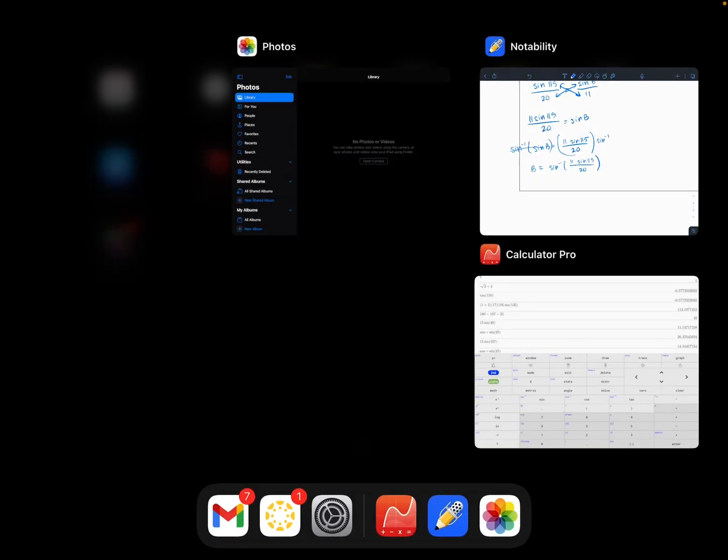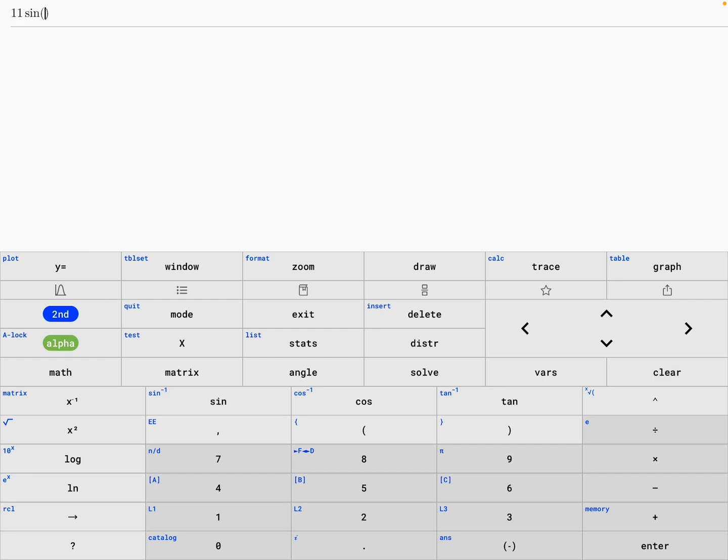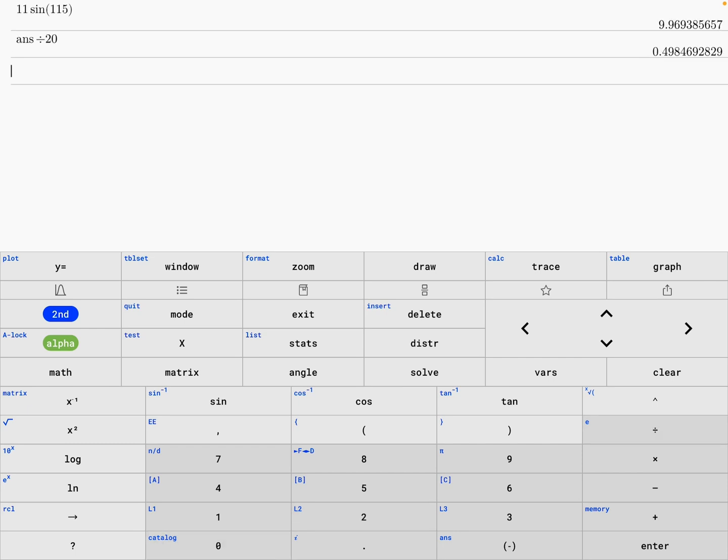Here's how I'm going to do that. First of all, I put in 11 sine of 115, divide that by 20, and then I do second sine of my answer, and that's how I find that angle.